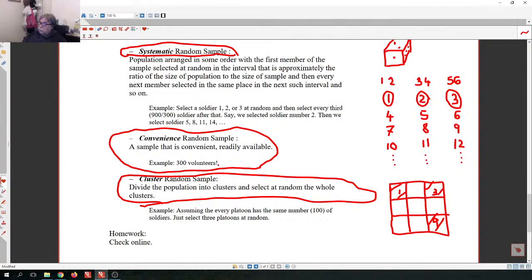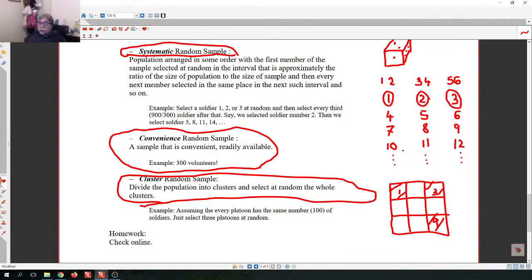So in this particular story about these soldiers, if you have 900 soldiers and you want to select 300 to go on a particular dangerous mission, you could simply ask for 300 volunteers. And you can immediately see that this would be a bias. You would sign up 300 people based on what they're going to volunteer for.